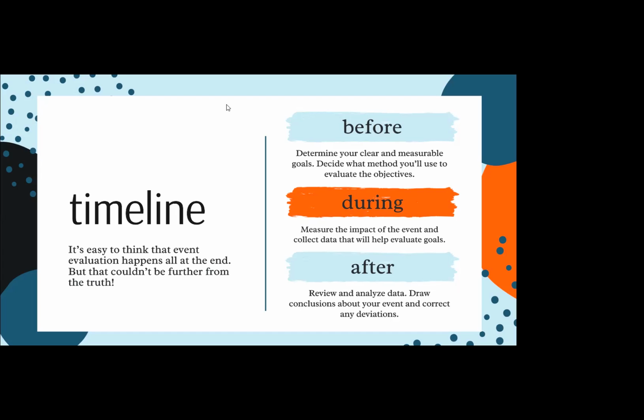Similarly, you have to decide what method you'll use to evaluate the objectives. Now, in the scientific method, there's a whole additional step where you're figuring out what the best method is for running your experiment.